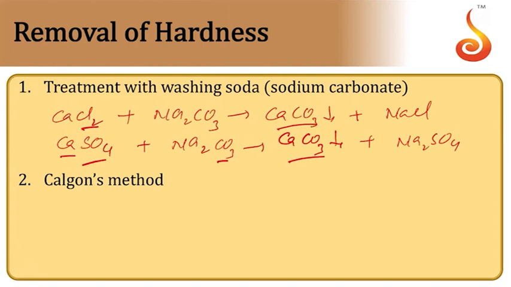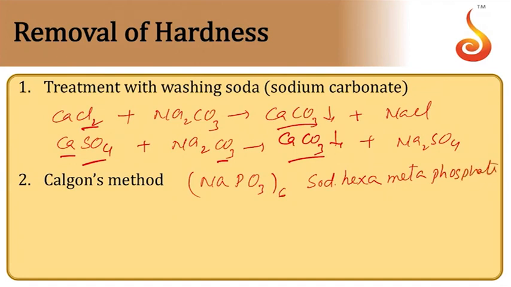Then comes the Calgon process. Calgon is sodium hexametaphosphate, that is (NaPO3)6, NaPO3 taken 6 times. Sodium hexametaphosphate itself is called Calgon. Here, the calcium and magnesium ions which are present in hard water will form a complex with the Calgon.